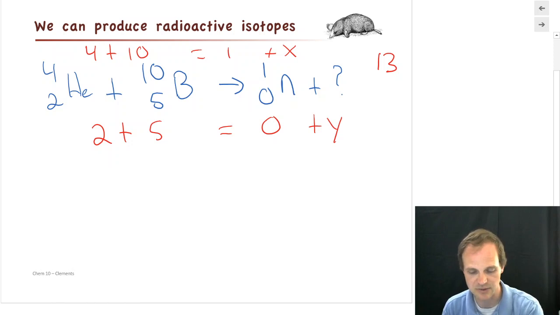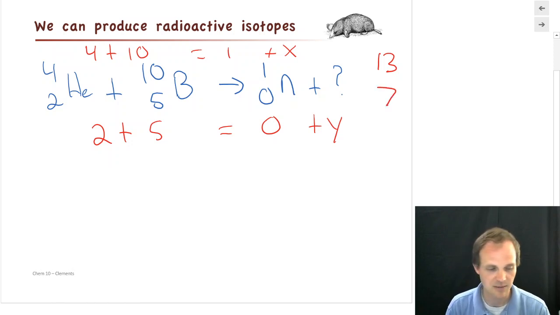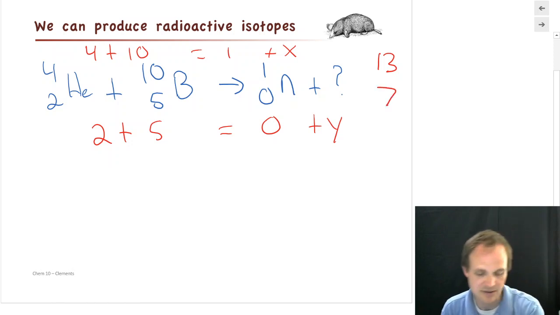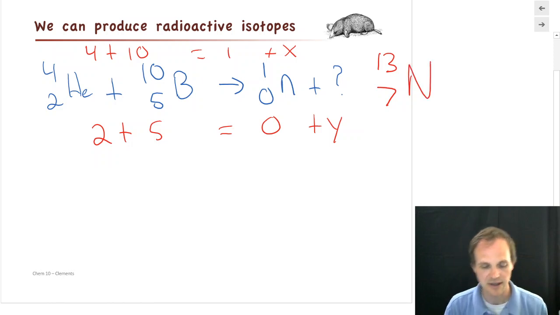Y must be equal to 7. And so number 7 on the periodic table is good old nitrogen. And so when we take helium-4 and boron-10, smash them together, we make a neutron and nitrogen-13. So that's how we can balance nuclear reactions when we are producing them, when we're reacting two different nuclei to make something new.